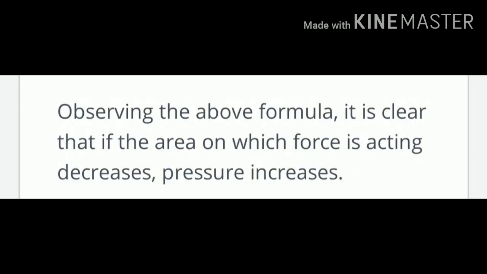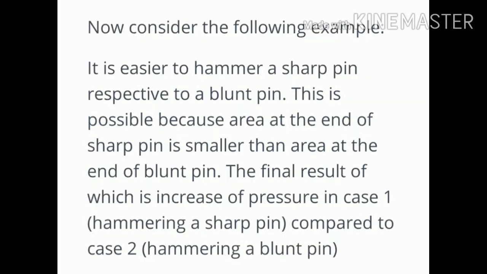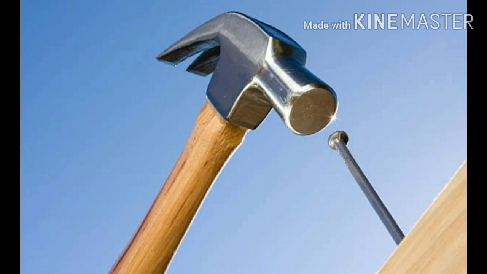Observing the above formula, it is clear that if the area on which force is acting decreases, pressure increases. Now consider the following example. It is easier to hammer a sharp pin than a blunt pin.